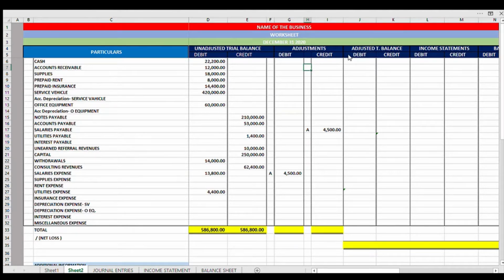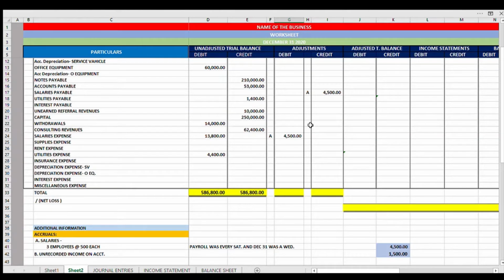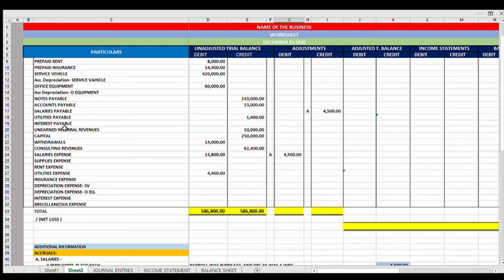So meron tayong receivable dito. Okay, debit syempre. Okay, at ang amount ay 1,500, debit accounts receivable. And since this is an accrual of income, we will now credit the income account, which is consulting revenues.